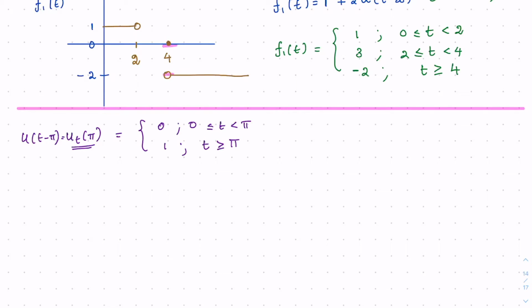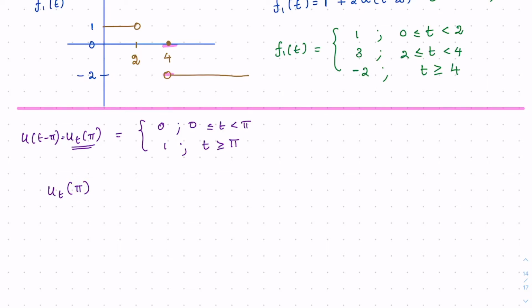Now, the reason that I'm writing this as a pi is that the only thing that matters here is the pi, because it's 0 until the pi, and afterwards it's 1. It's almost like a constant function after that value pi, right?